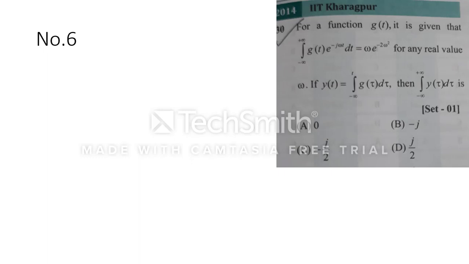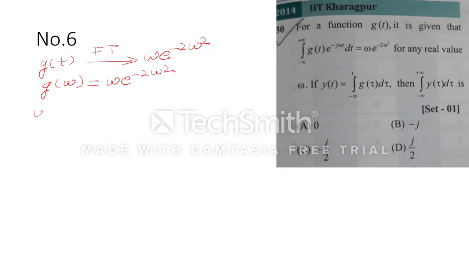First of all, we know the g(t) Fourier transform is G(ω) = ω e^(−2ω²). Then they are saying y(t) is equal to the integral from minus infinity to t of g(τ) dτ.